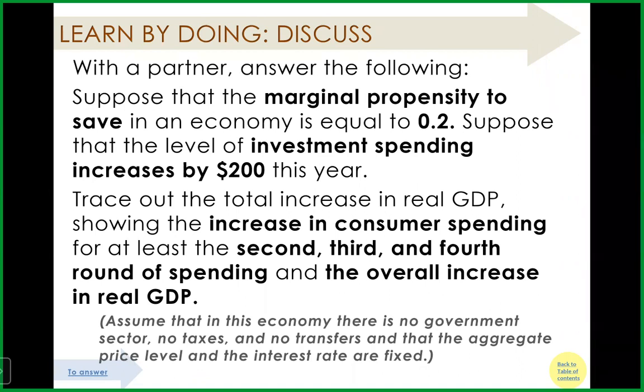So what is the lucky employee going to do with $200? Remember, this is additional. They're going to spend how much? It's 0.2 or 0.8? 0.8, right? So that just means, let me write down. First you have $200.